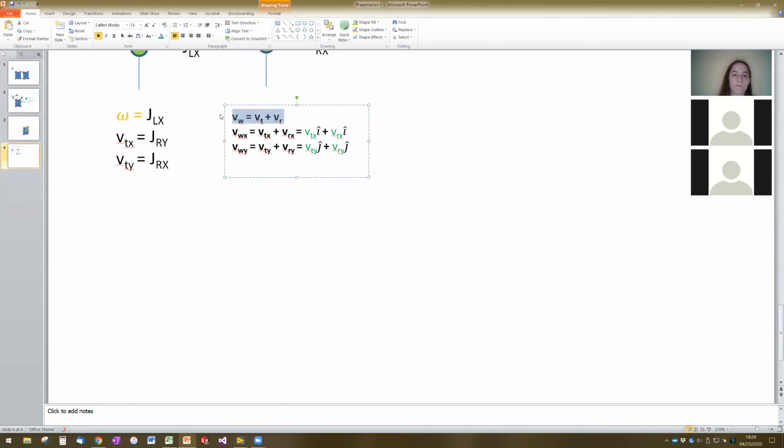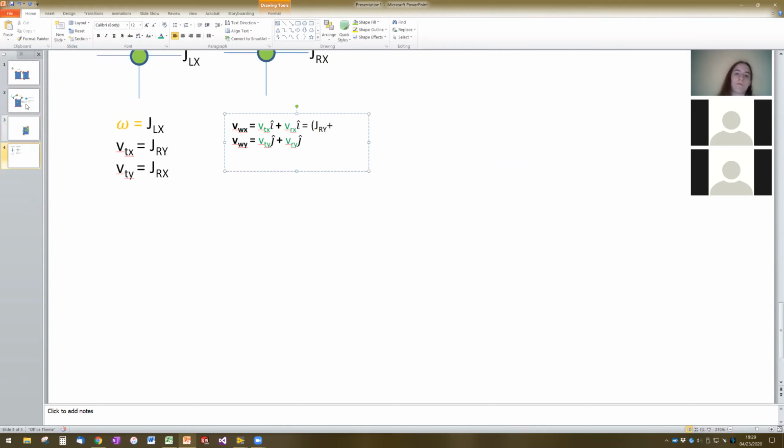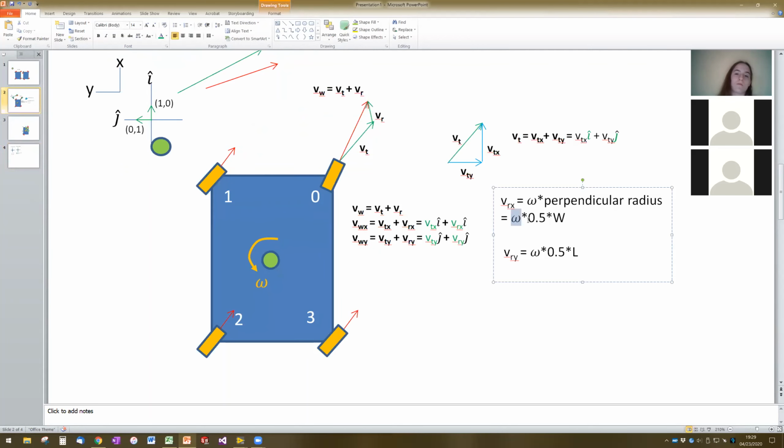So we've got here the x and the y components of the wheel velocity vector, and that equals VTX, which is J, the right joystick value in the y direction, plus, we decided it was omega times 0.5 times the width of the robot.